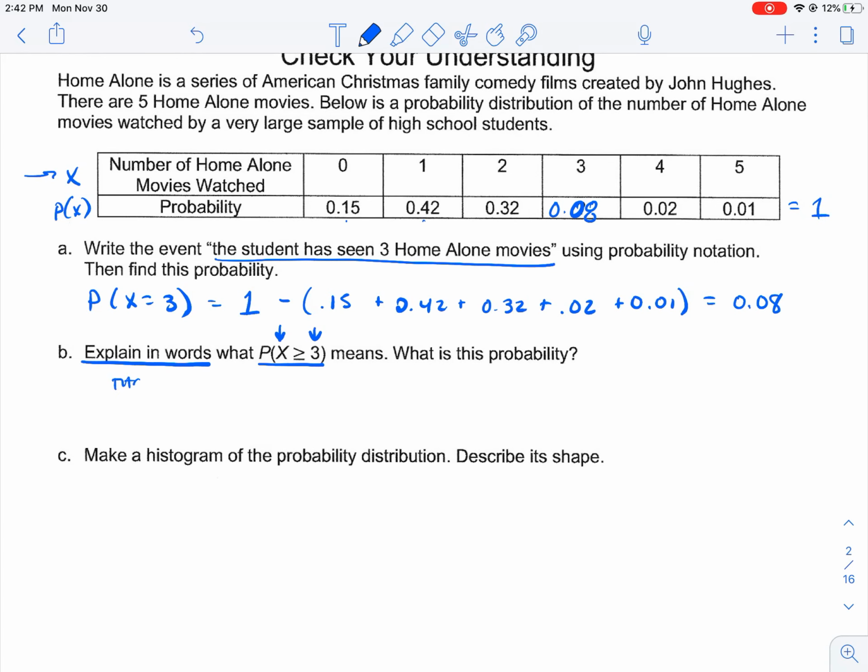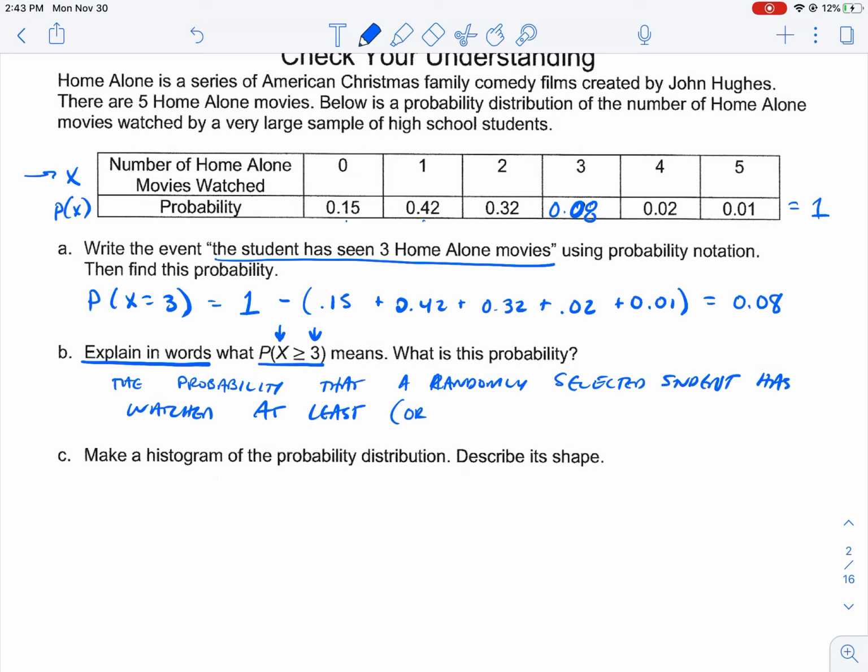This would be the probability that a randomly selected student has watched at least, or 3 or more, Home Alone movies.